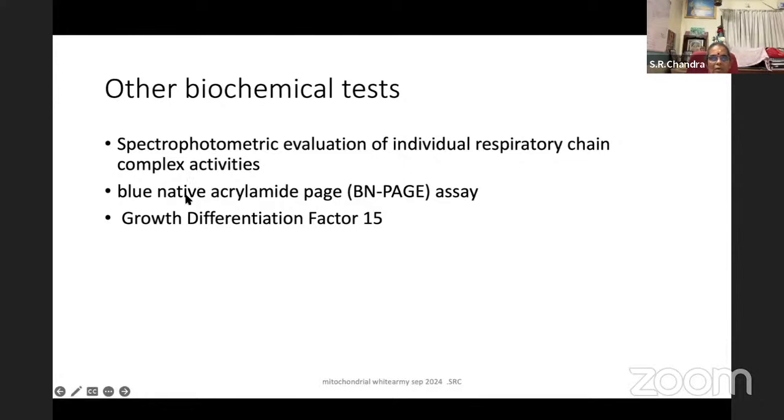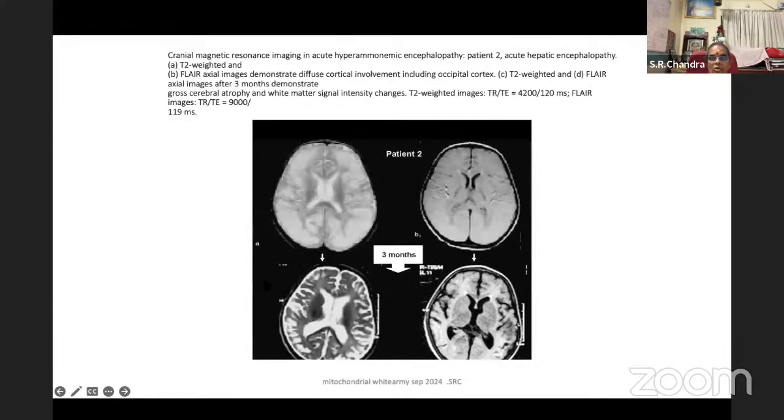Other places I am not aware. Then you have blue native acrylamide PAGE assay and growth differentiation factor 15 assay and genetic testing, which may not always be positive.